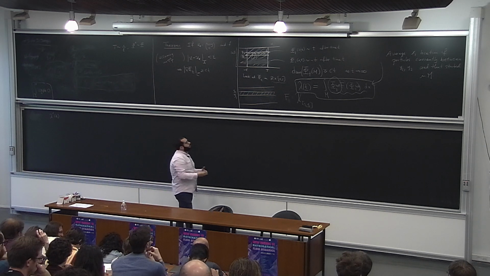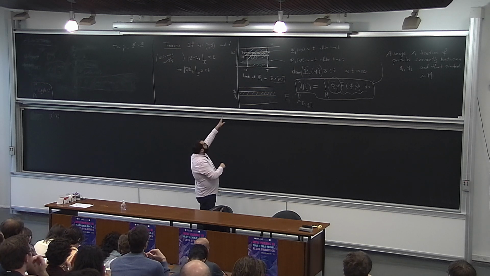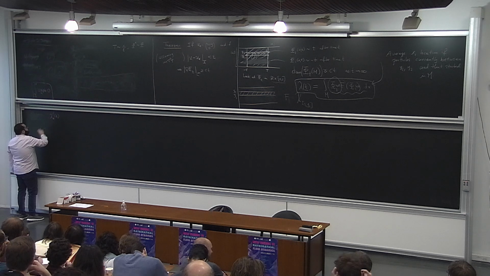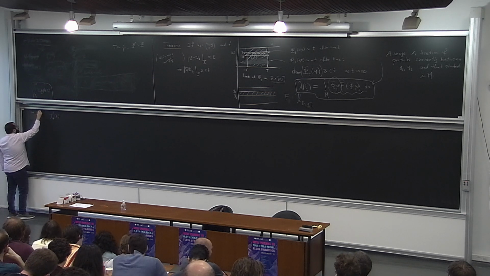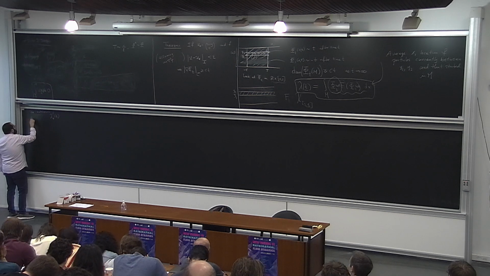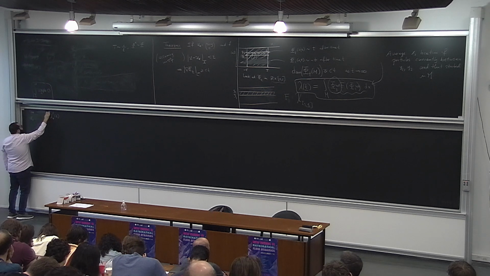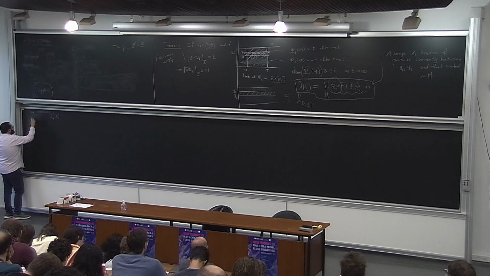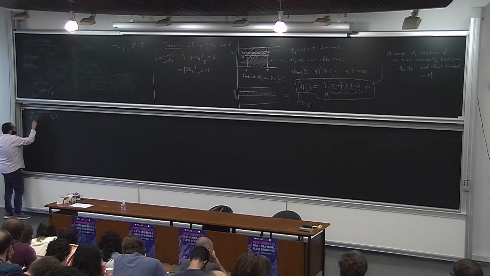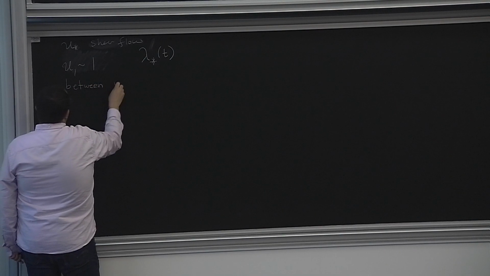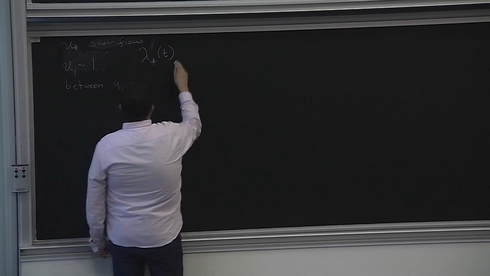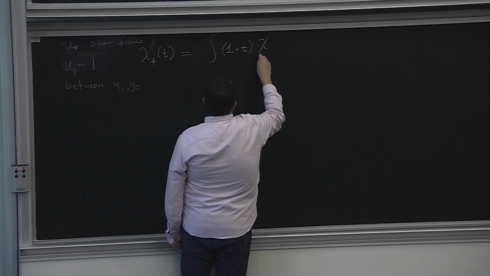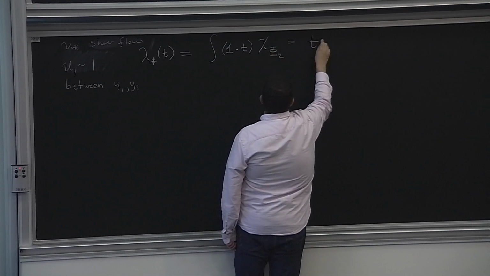So for u star, say lambda star, if u star is autonomous, and u1 is an autonomous shear flow, meaning you don't have any motion in u2, and u1 is approximately 1 between y1 and y2, then lambda star of t is like 1 times t times chi of phi 2, which is just t. Does that make sense?